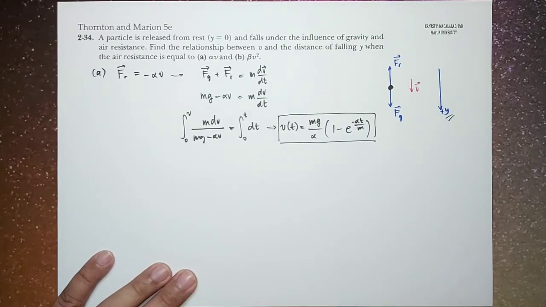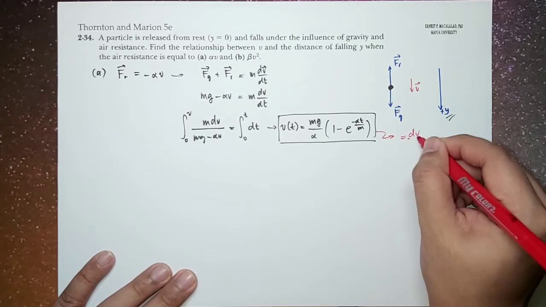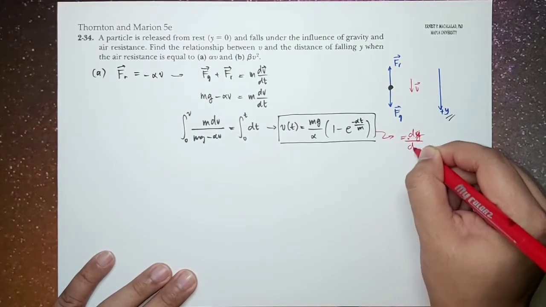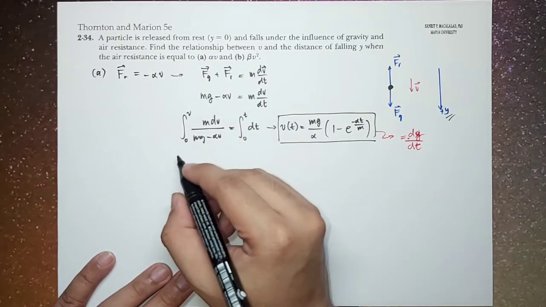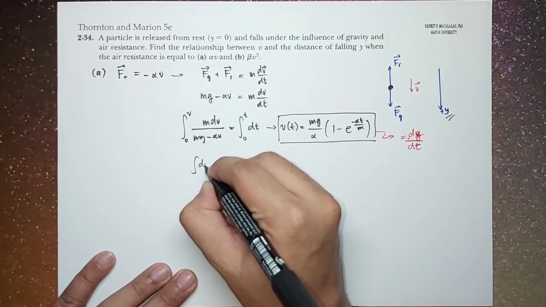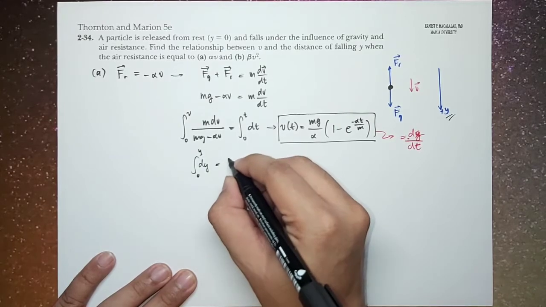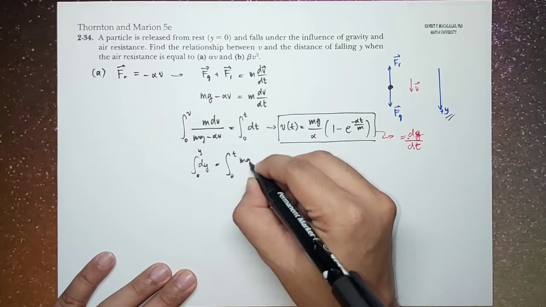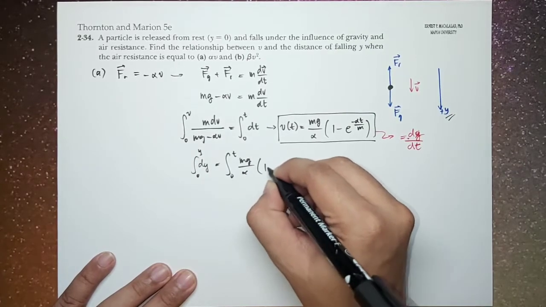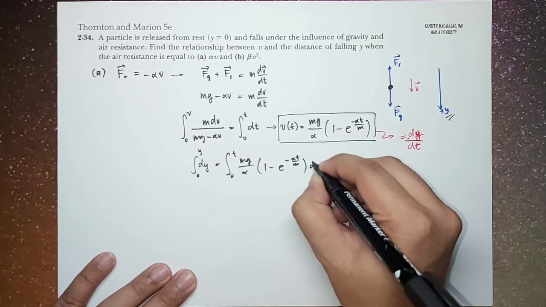We know that this is the derivative of y with respect to t. So integrating this further becomes the integral of dy from 0 to y, equal to the integral from 0 to t of mg over alpha times 1 minus e to the negative alpha t over m dt.